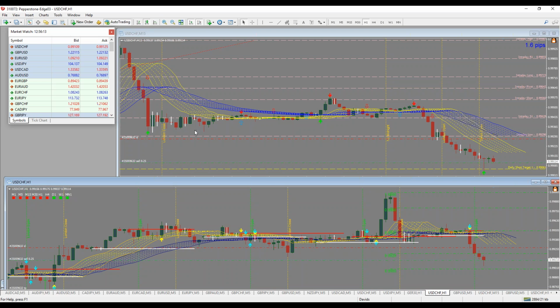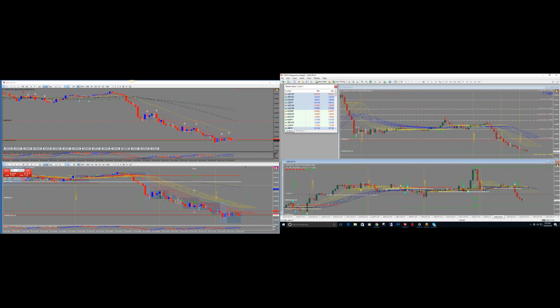Can you see four charts or just this? It's just the two. No, I still only see two. I thought I shared four. Let's see here. Oh, both screens. All right, so now you should be able to see four charts.